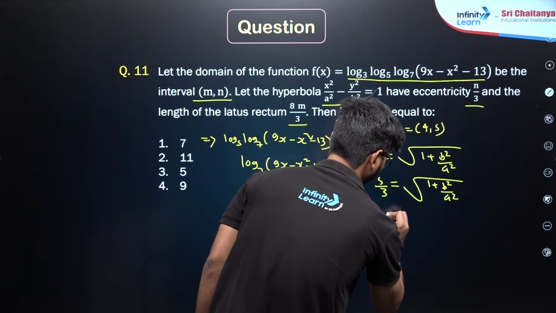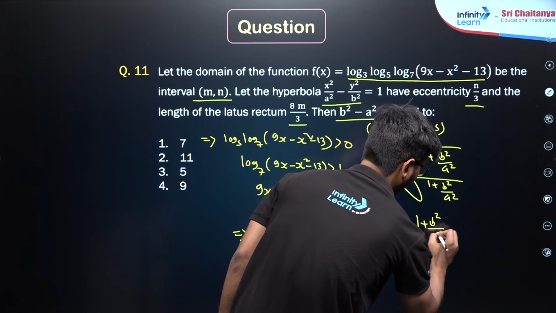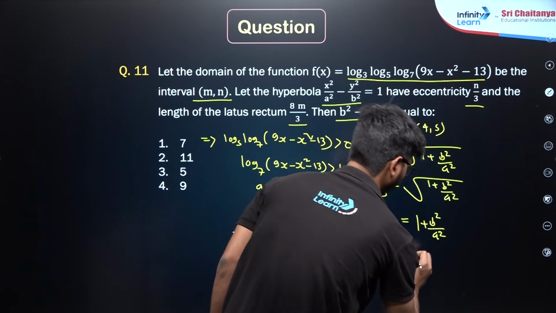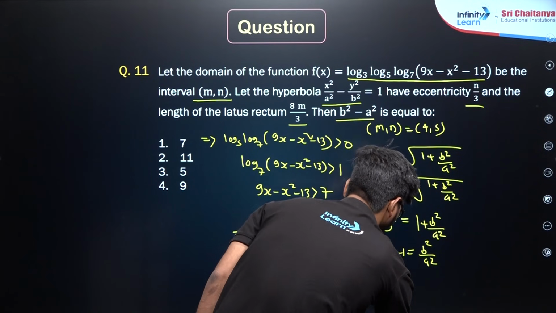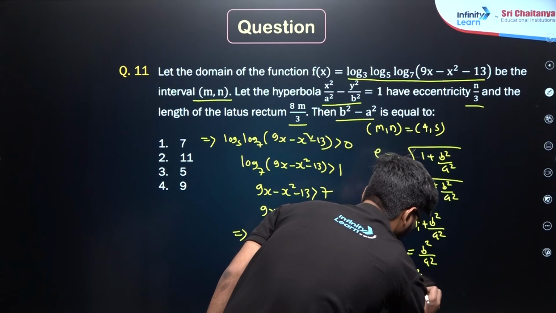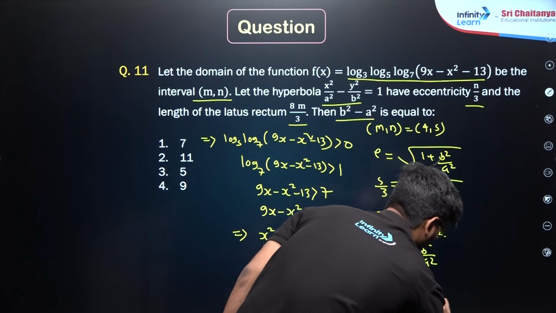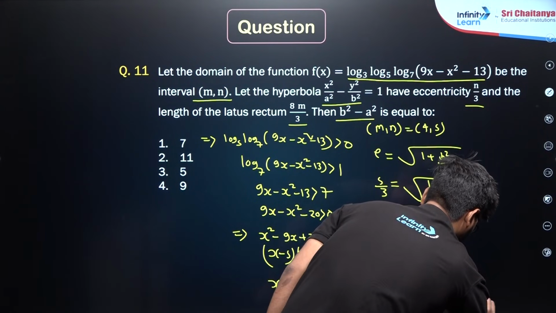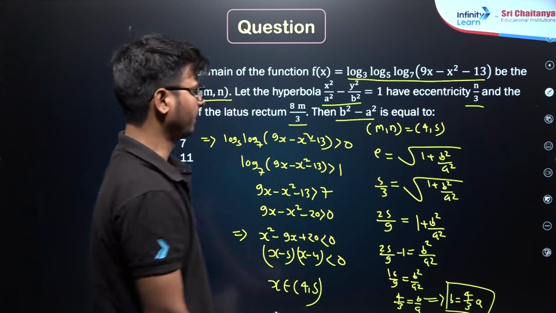So 25 by 9 minus 1 gives b square by a square, that is nothing but 16 by 9 equals b square upon a square. So we are going to have 4 by 3 equals b by a. So from here I can write b equals 4 by 3 a. So here I am getting b equals 4 by 3 a, correct?